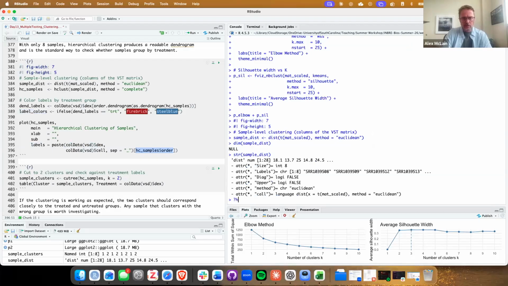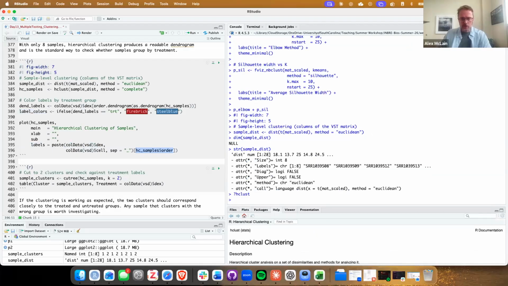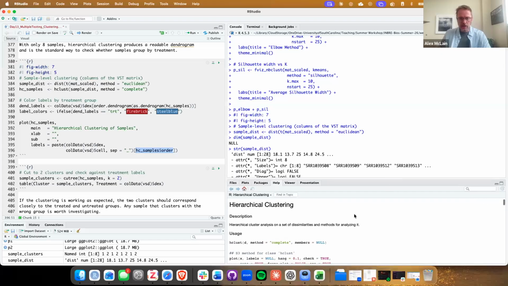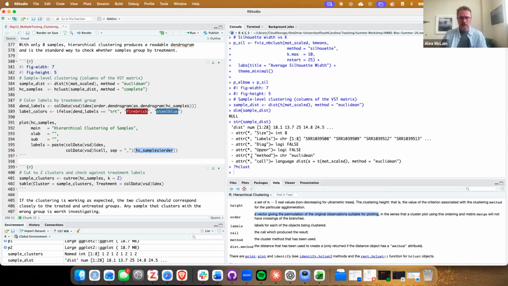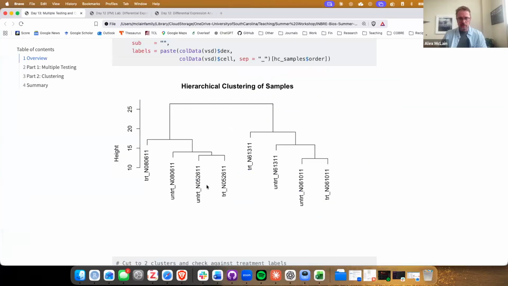And if we look at how this hclust procedure works and what it gives back, it tells you that the order is a vector giving the permutation of the original observations for plotting, in the sense that a cluster plot using this ordering and matrix will not have crossings of the branches. So what this means is basically this ordering vector is giving me the order of these points at the end.